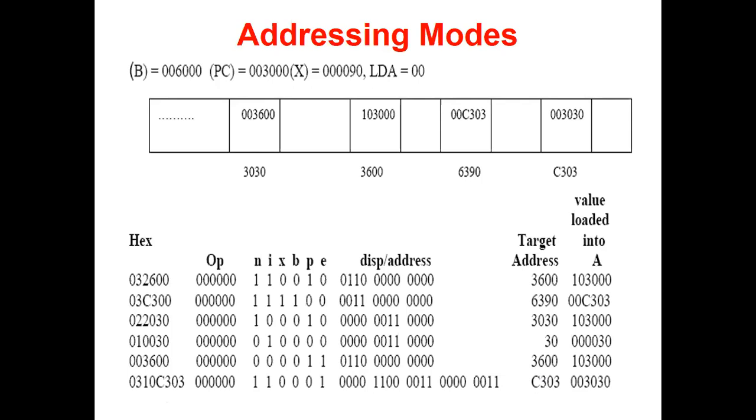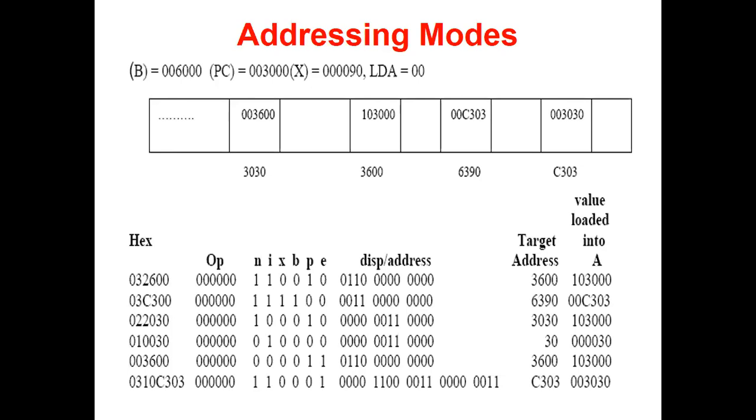The answers are there, but I want to confirm that you understand how they are obtained. That is what is mostly important. I was saying that the answers are displayed there. The target address is shown, and then the value loaded into the accumulator is also shown.